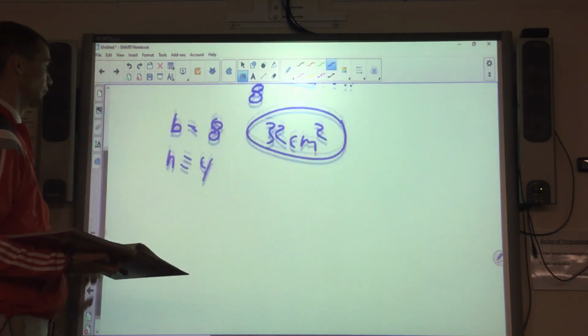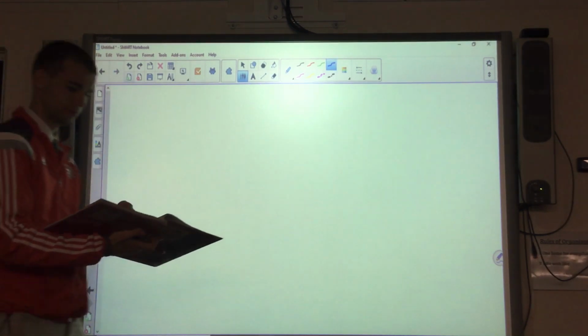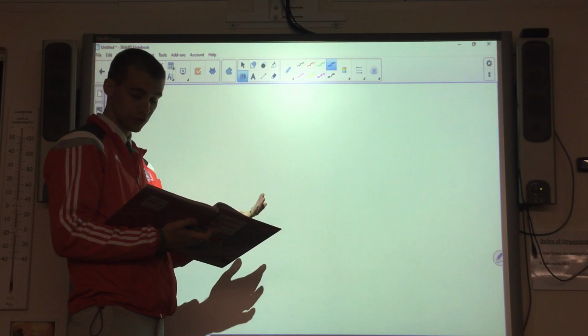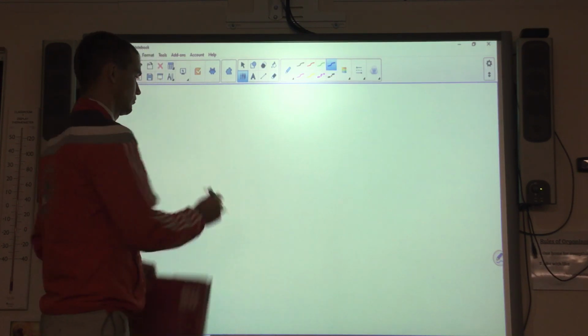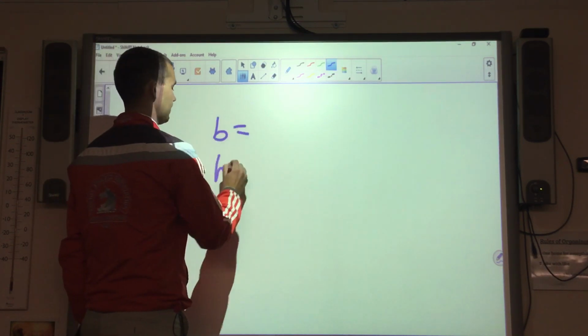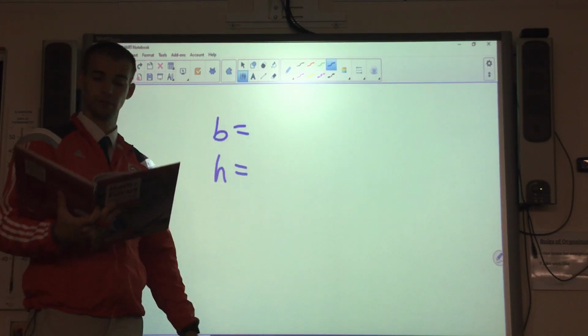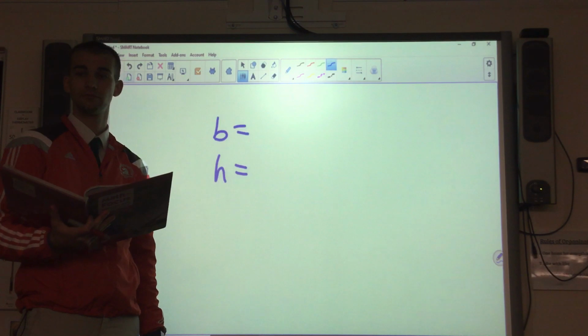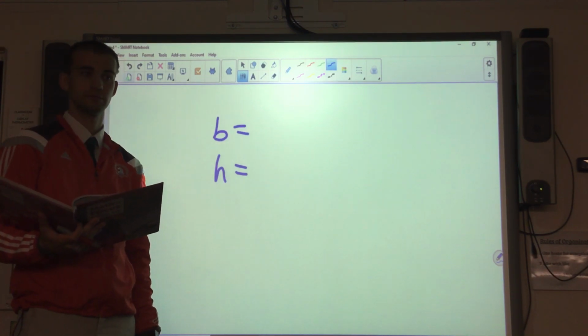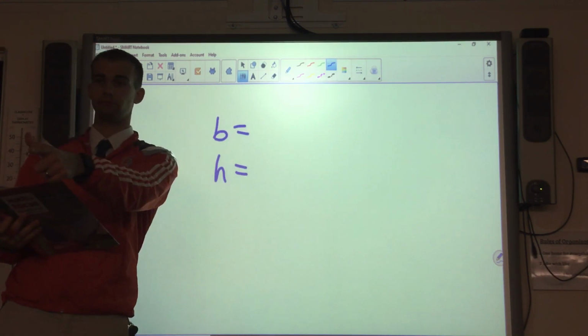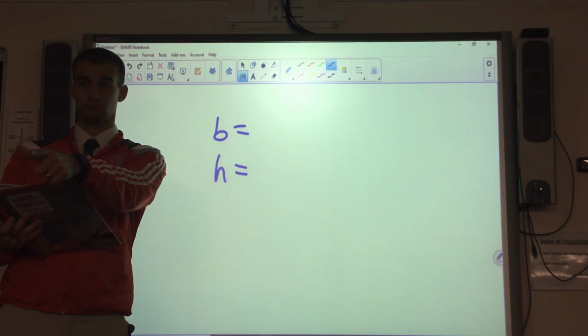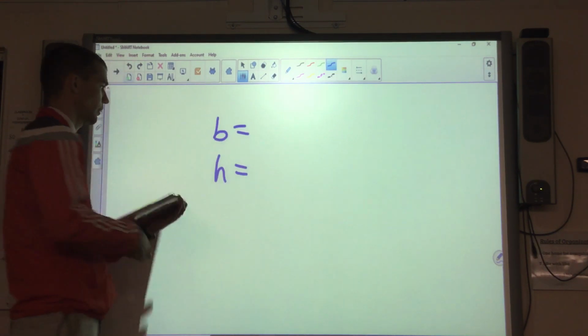If we look over, we're going to do these ones in class because I think these are super simple. If you look at number 2, what's the base on that one? That means you need to look in your book. Number 2 on the bottom, page 89. What's the base on that one? 3 units. Yep, 3 units.